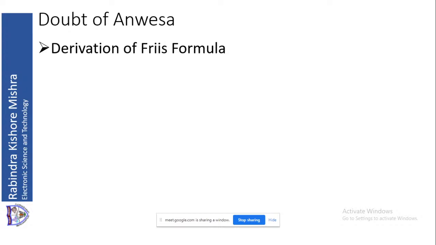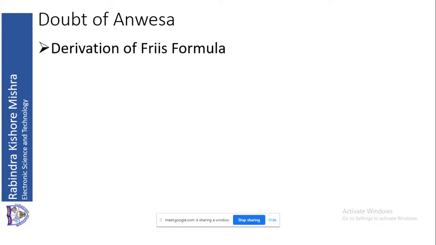So you have a transmitting antenna connected to a source, and a receiving antenna connected to a receiver, and we want to know if we transmit some power from the source, how much power will be received by the receiver, and that power is calculated by the Friis formula.